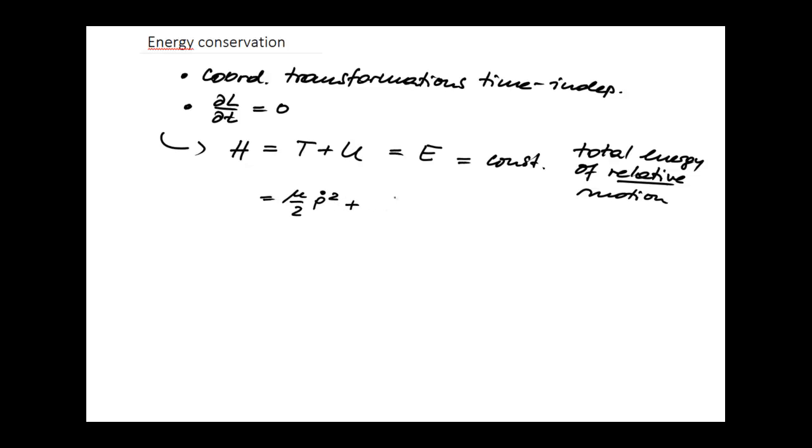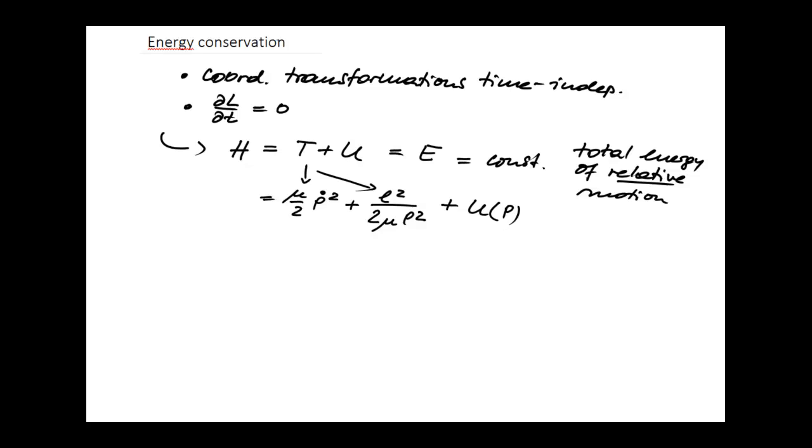The other contribution included a phi dot squared, which we express using the area law in terms of rho. So that's L squared over 2 mu rho squared. That's the kinetic part. And then we have the potential energy U of rho.